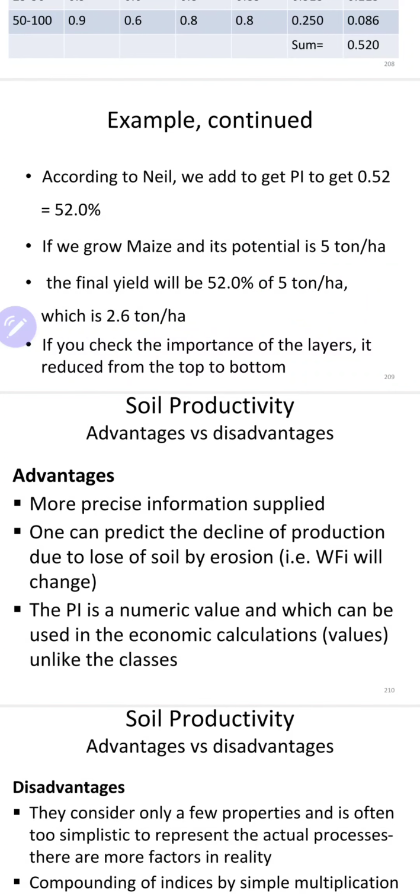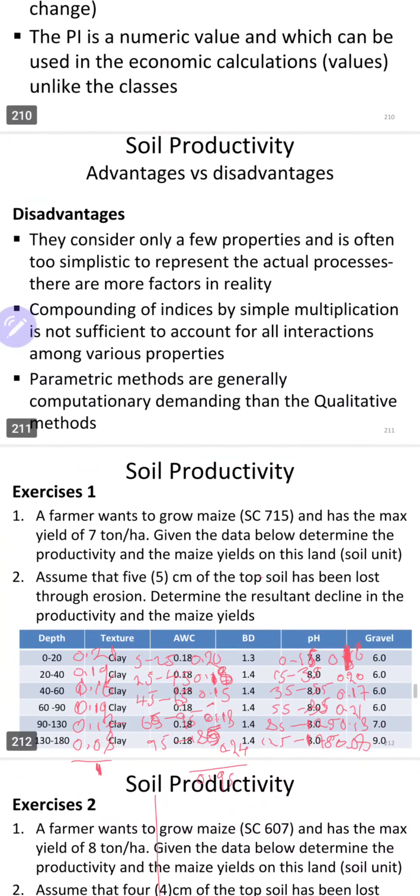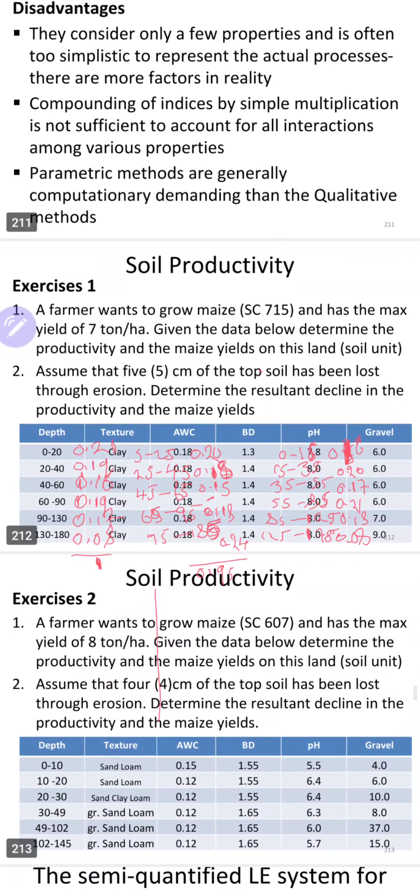Okay, now coming to the exercise that you are given, you do the same, of course. So exercise number 1, I'll try to explain exercise number 1 because it's just similar to exercise number 2. It's actually the same question, with a few figures changed. The concept is the same. So a farmer wants to grow maize and has the maximum yield of 7 tons per hectare.